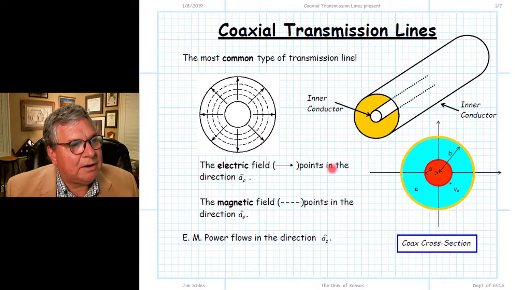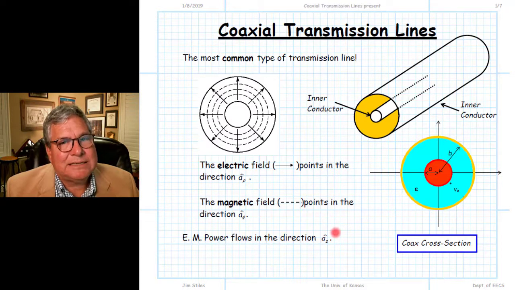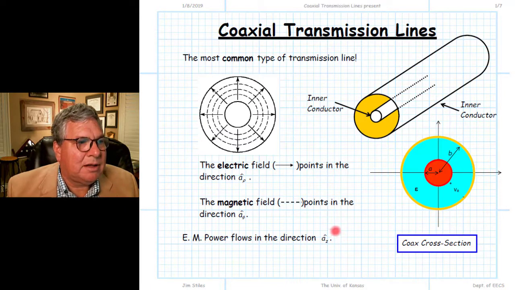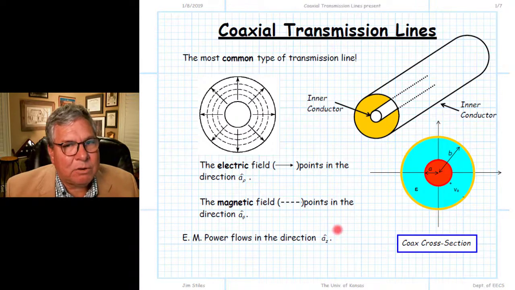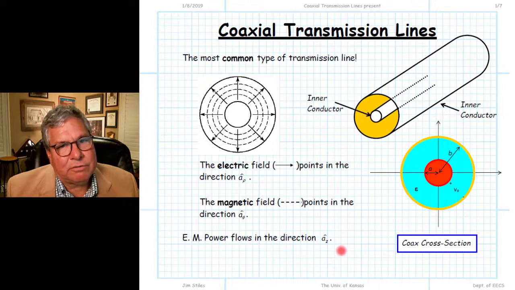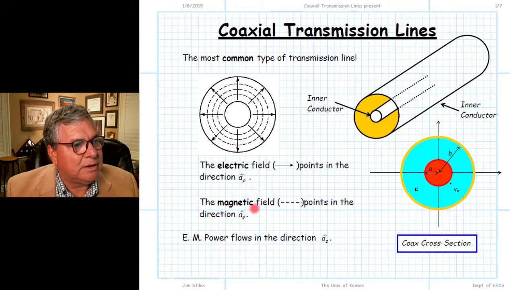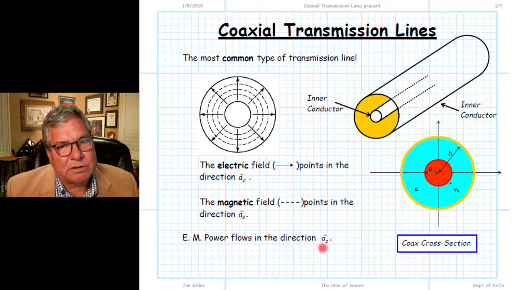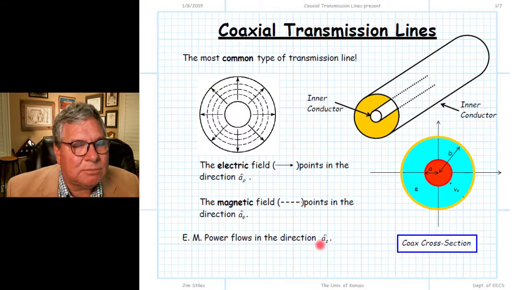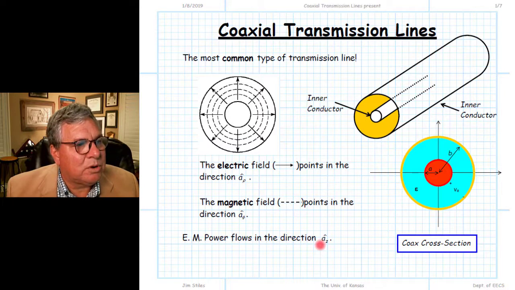And so we have an electromagnetic field that we call a TEM wave. We find that the electromagnetic wave that is propagating has an electric field and a magnetic field that are transverse, in other words, orthogonal to the direction of propagation. And of course, a sub rho, a sub phi, and a sub z are three unit vectors that form an orthonormal set for the cylindrical coordinate system.